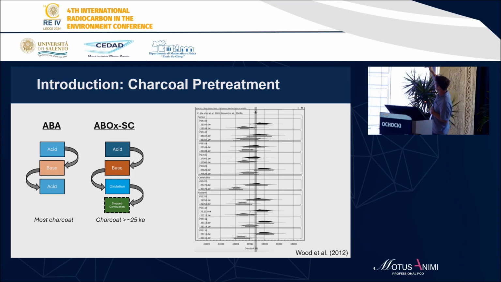Each row is a single paired date for those samples, and these are all found below the tephra layer. So what this figure shows is that the ABOX dates are generally in better agreement with that tephra layer.